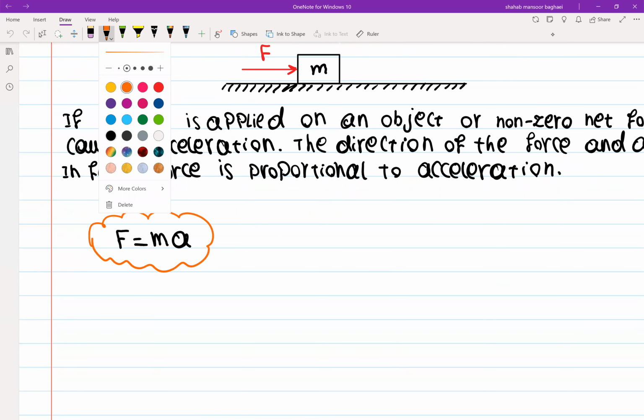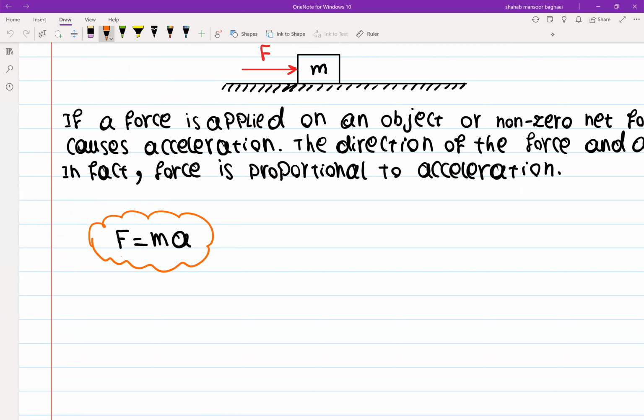Left side, this is net force. The unit is in newtons, I told you before. A is acceleration, unit is in meter per second square, and m is mass, unit is kilograms.